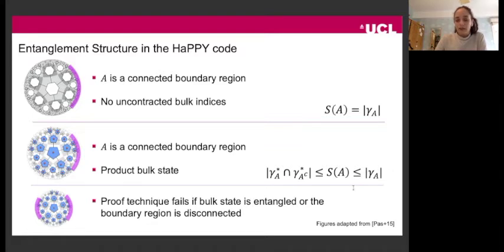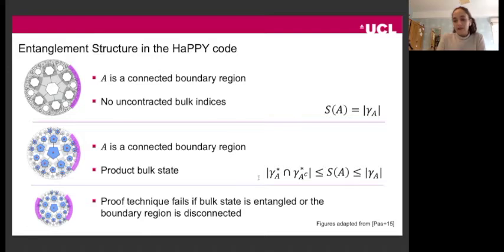And then they show this lower bound in the HaPPY paper, where gamma A star is the output of the greedy algorithm anchored at A, and gamma AC star is the greedy algorithm anchored on the complement of A. If the algorithm worked perfectly, you'd hope that they would both get to the same cut through the network, but this implies that sometimes it doesn't, and that's where you have uncontracted bulk indices.